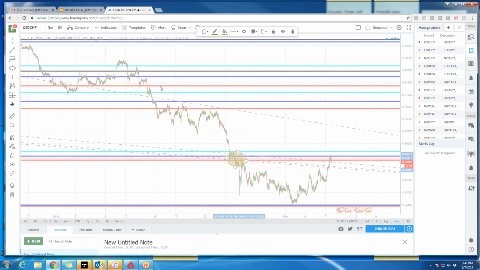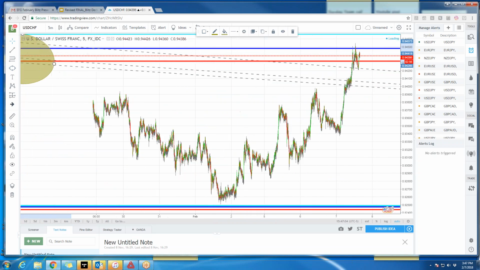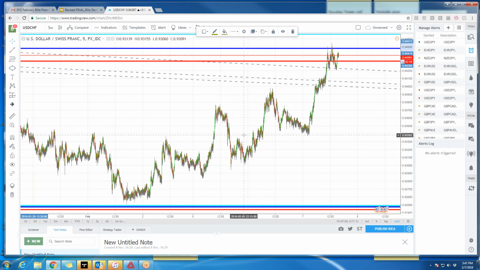All right. So that's another trade setup that you could be looking out for. As you can see, it's just starting a session. Well, not just starting, it's been in here for a while, but this is the New York session, I believe.